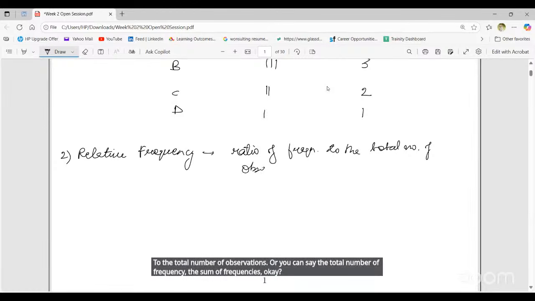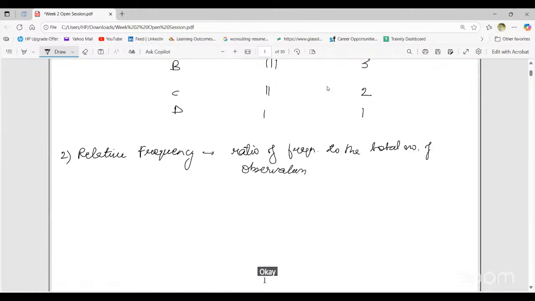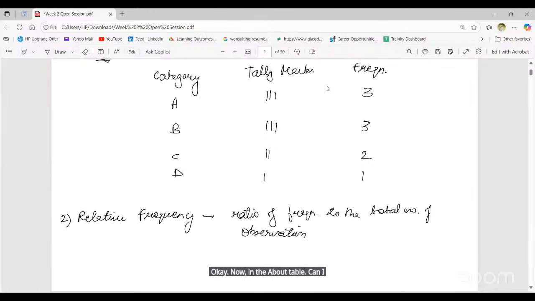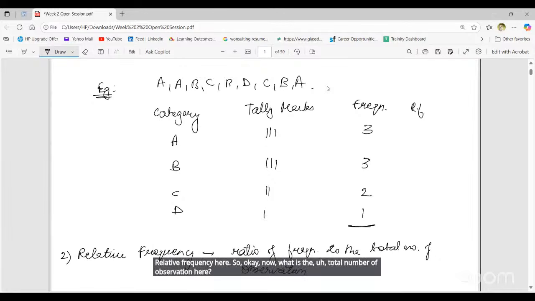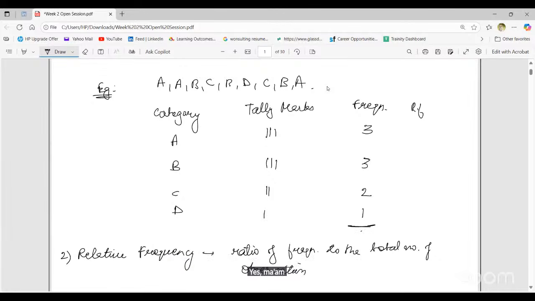Now in the above table, what will be my relative frequency here? What is the total number of observations here? 9. So how am I going to calculate the relative frequency?